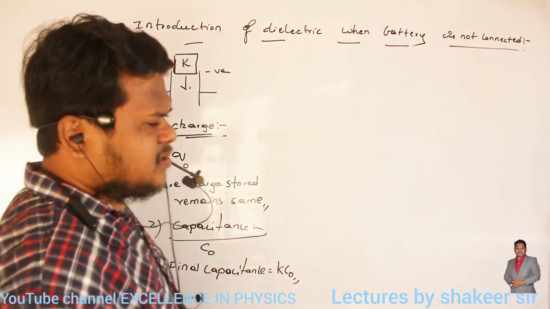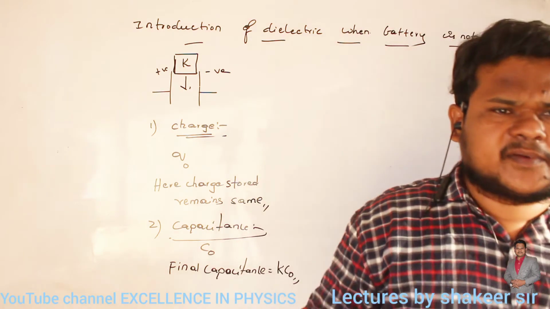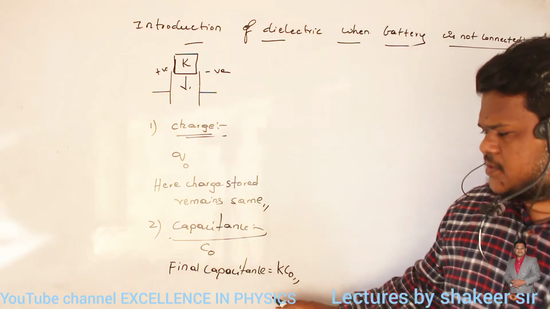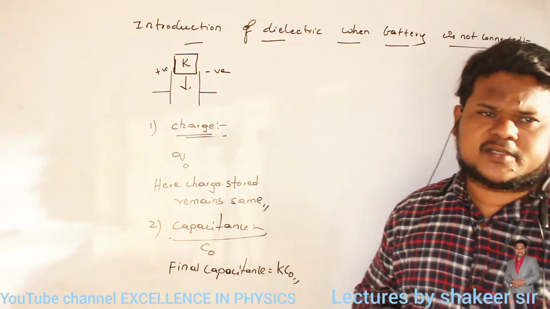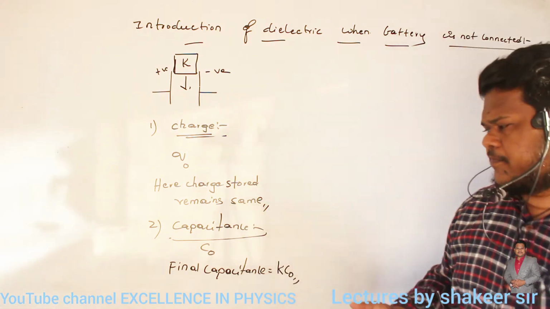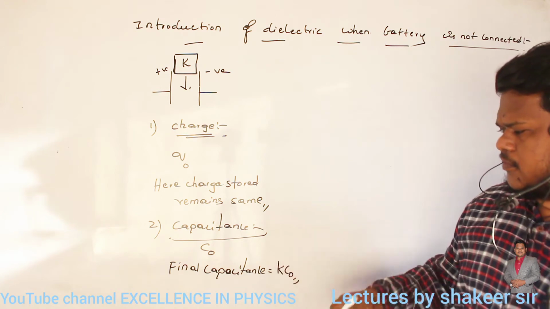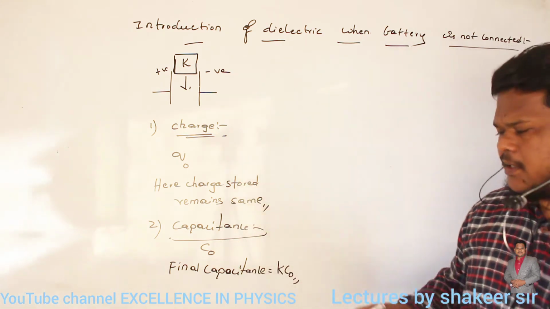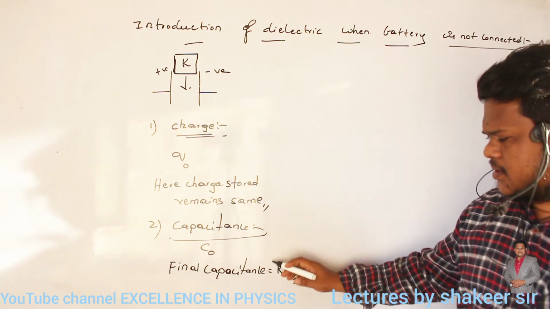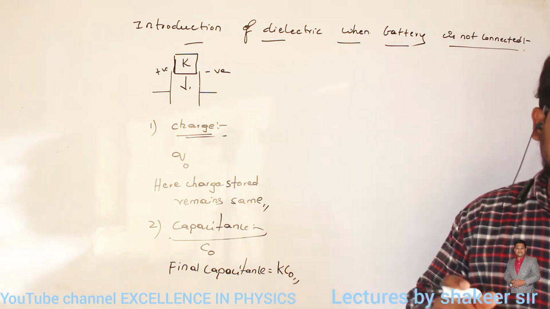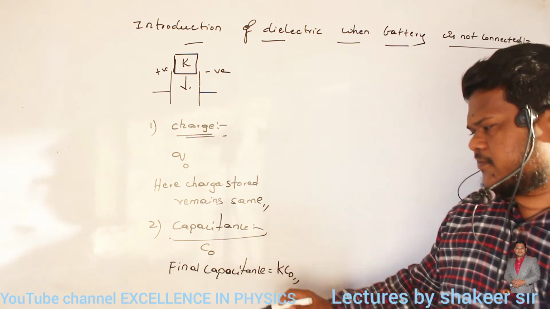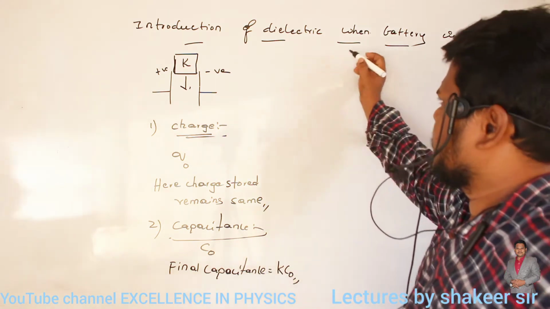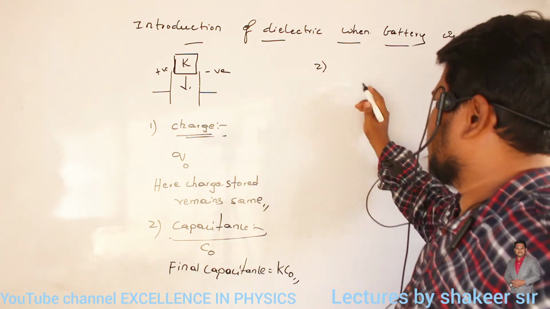Capacitance does not depend on whether you connect the battery or not. Capacitance only depends upon the introduction of the dielectric. If a dielectric of constant K is completely inserted in the gap between the plates of the capacitor, then capacitance always increases by K times. So if the initial capacitance is C naught, the final capacitance is K into C naught.